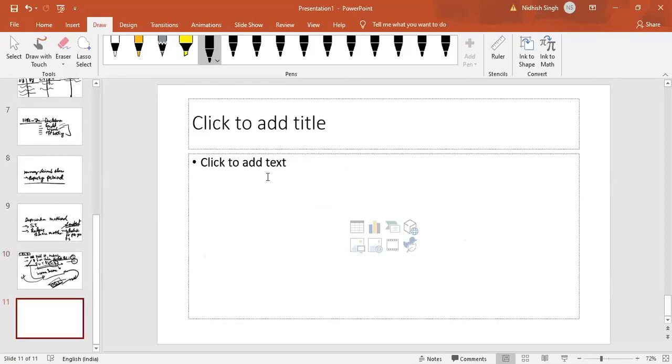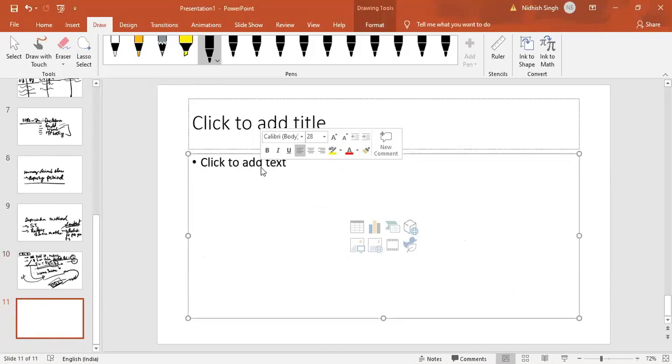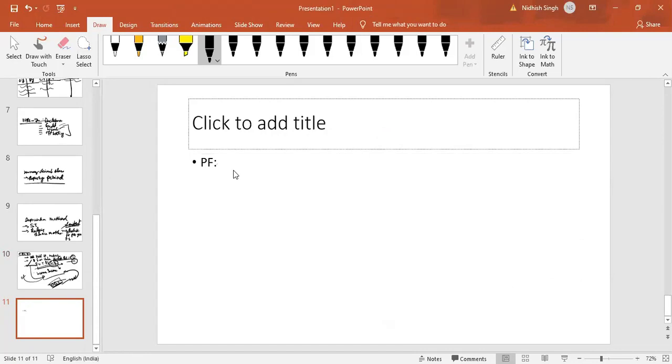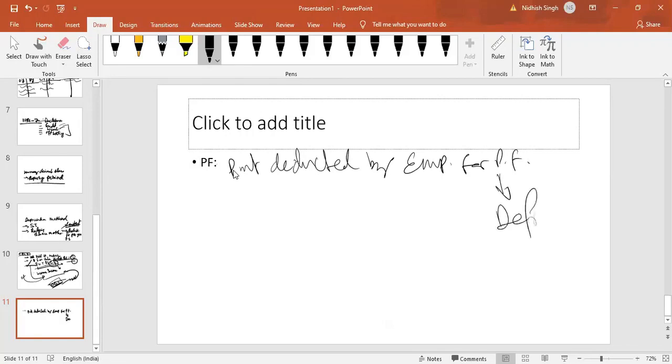how many of you are working and see the deduction in your pay slip for provident fund? So what happens when there is a provident fund or any payment deducted by the employer for PF? Generally it is defined as two types: defined benefit and defined contribution.